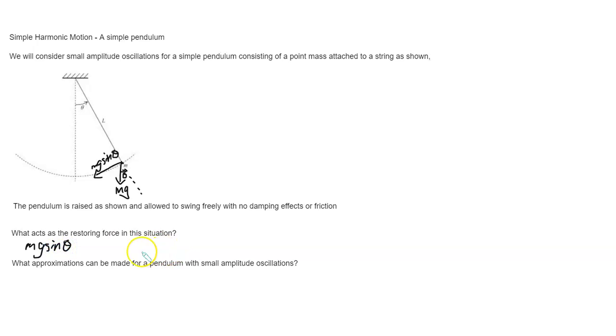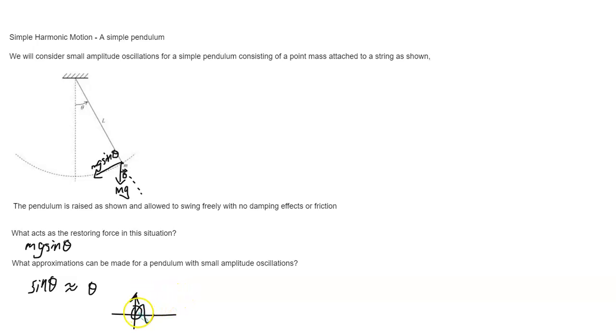Now, to immediately simplify this, you can simplify later if you need. The approximation here is that this is a small amplitude, which means that sin theta is approximately theta. Because if you look at the sine graph, at very small theta, which is around here, it's almost a straight line going up.